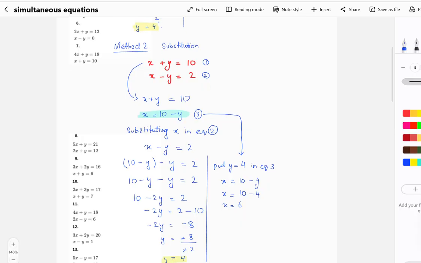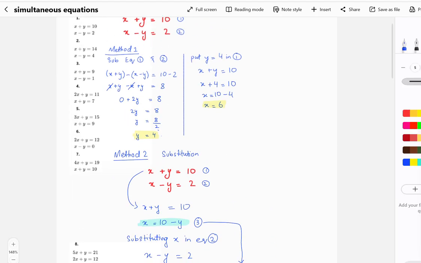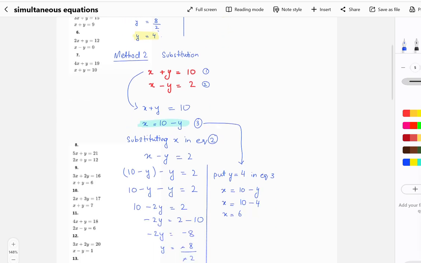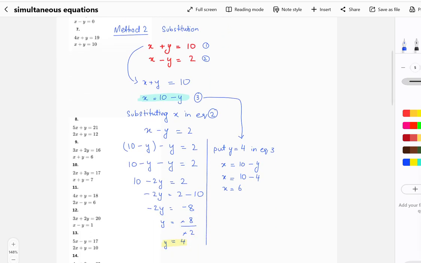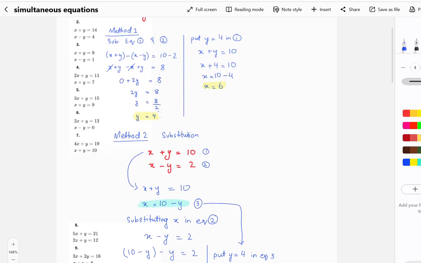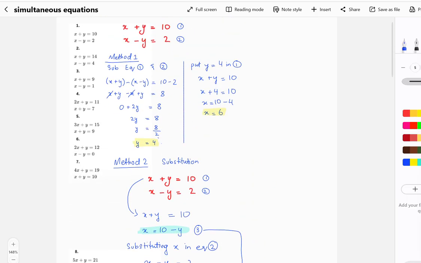Yeah. Now you have to decide which method do you want to follow. Do you want to follow method 1, solving equation, or do you want to follow method 2, substitution? Method one. Okay. Just stick with one of the methods so that it is easier for you to work the thing out.